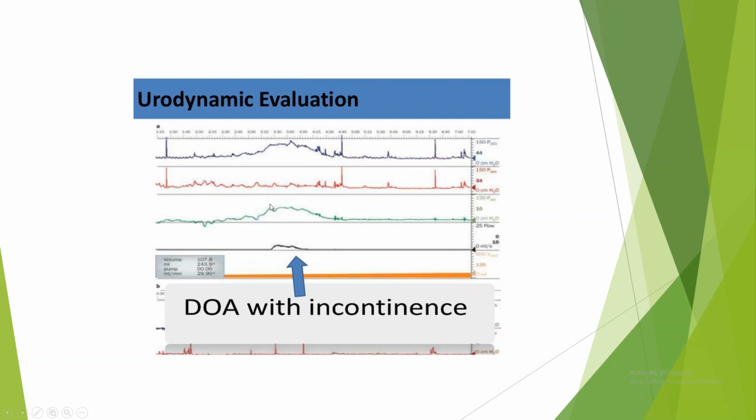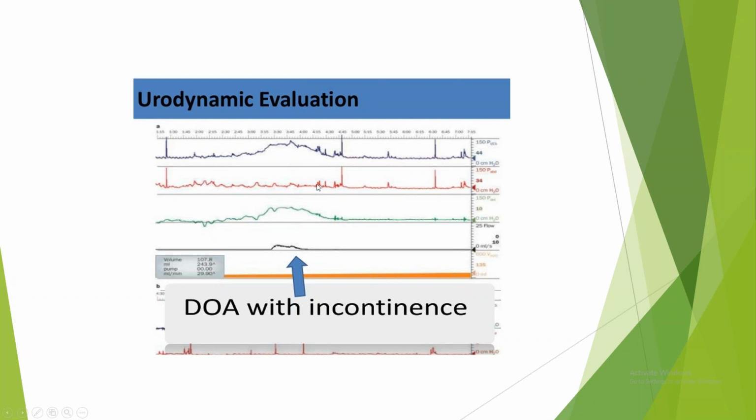Normally there should not be any rise in the detrusor pressure while filling cystometry. But here there is a rise in the detrusor pressure, and along with that a rise in the vesical pressure. So this is detrusor overactivity, a DO, because there is no rise in abdominal pressure but a rise in detrusor and vesical pressure.